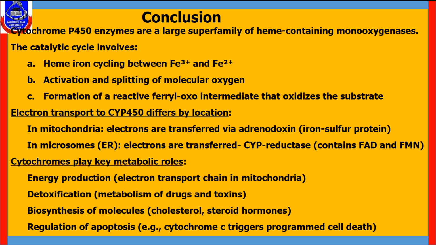In conclusion, cytochrome P450 enzymes are a large superfamily of heme-containing monooxygenases. The catalytic cycle involves heme iron cycling between iron 3 and iron 2, activation and splitting of molecular oxygen, and thirdly, formation of reactive ferryl-oxo intermediate that oxidizes the substrate. In electron transport, cytochrome P450 differs.